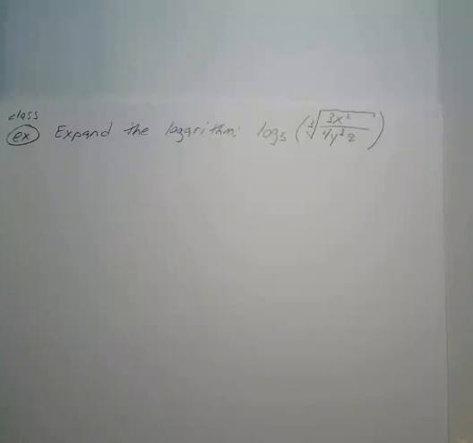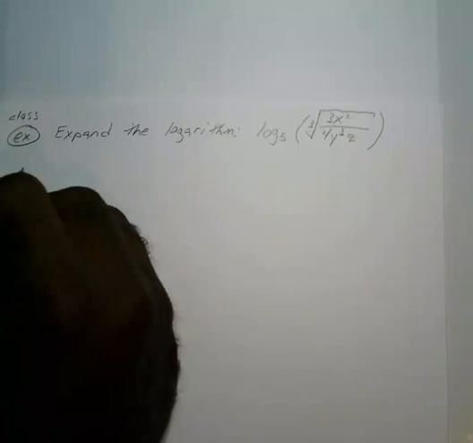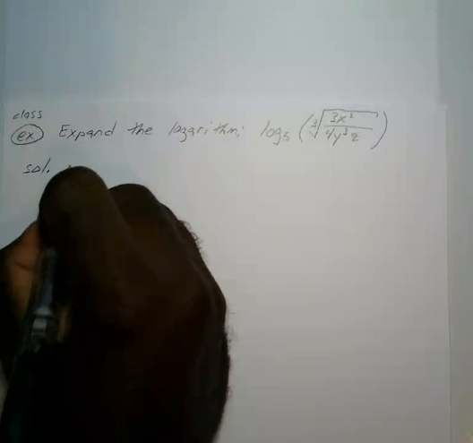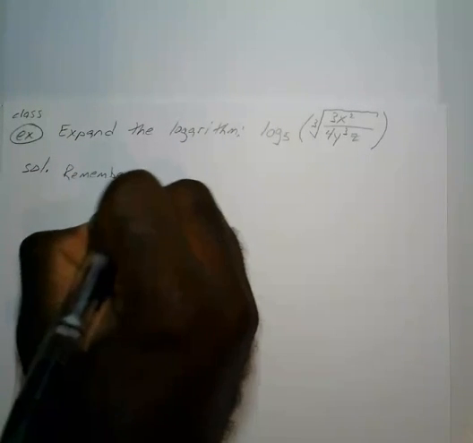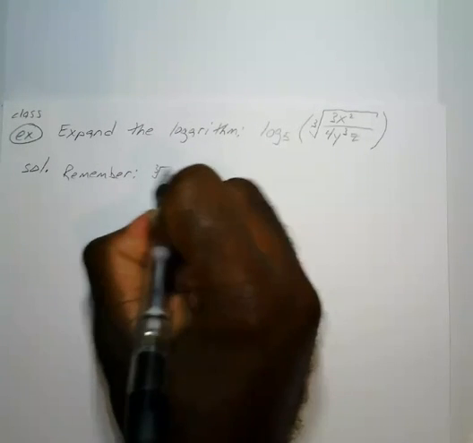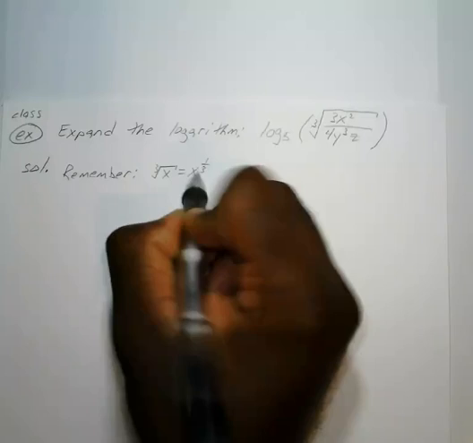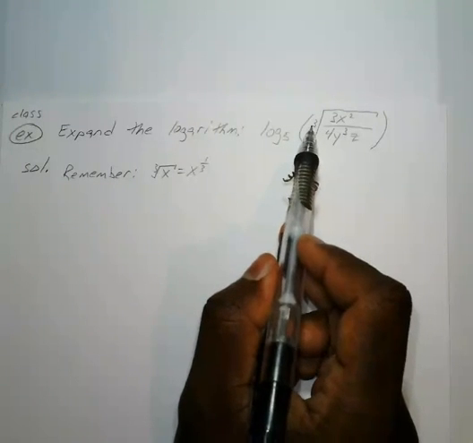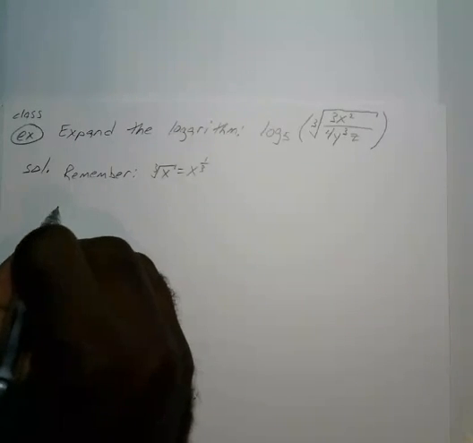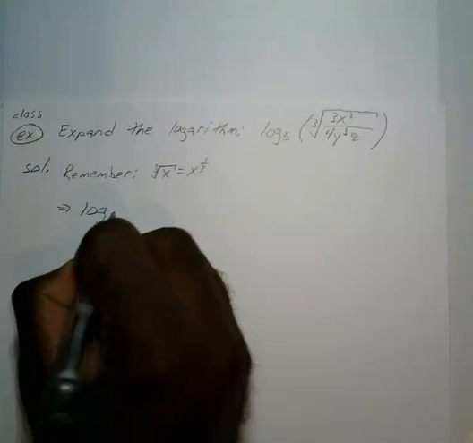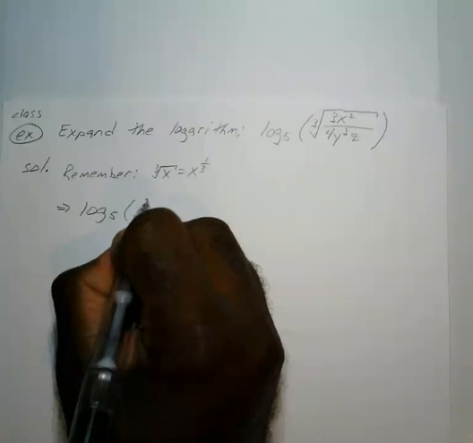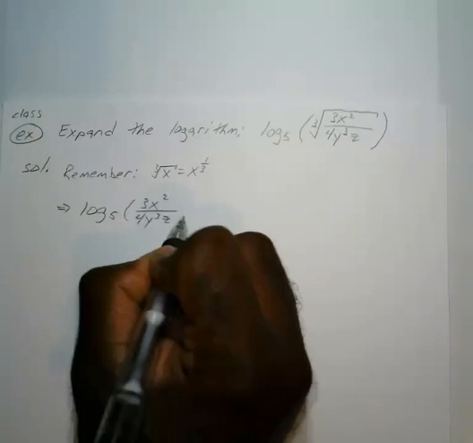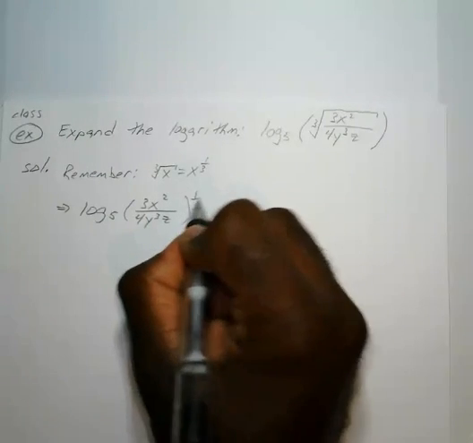Alright, I'm assuming you have pressed pause and worked this one out, and now you're just waiting to verify. Before we do that, remember that the cube root of x is just x to the 1/3 power. So log base 5 of the cube root of this will become log base 5 of 3x squared over 4y to the third z, all to the 1/3 power.